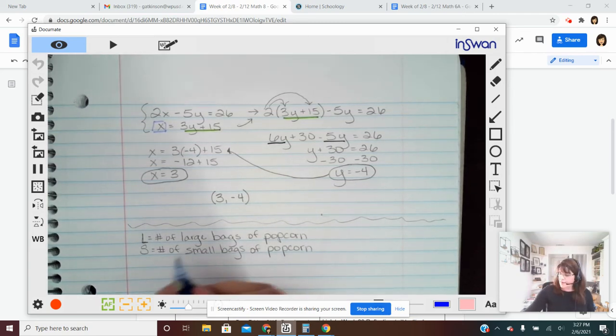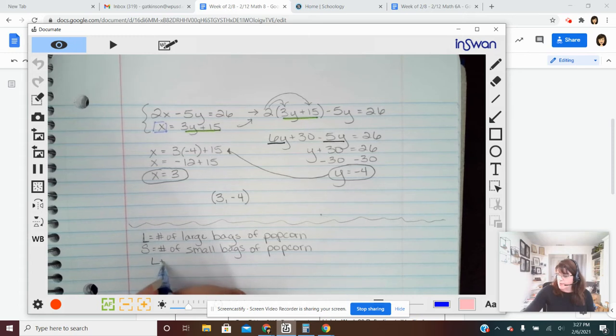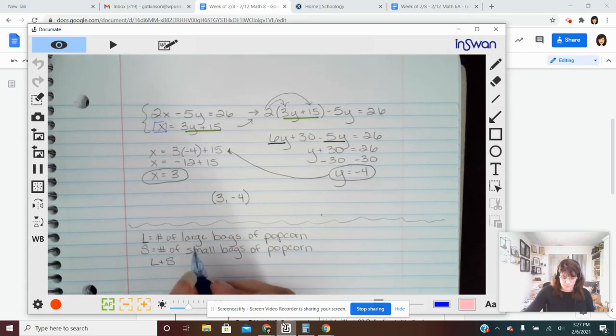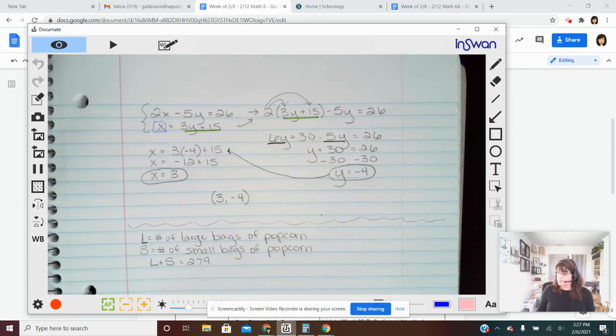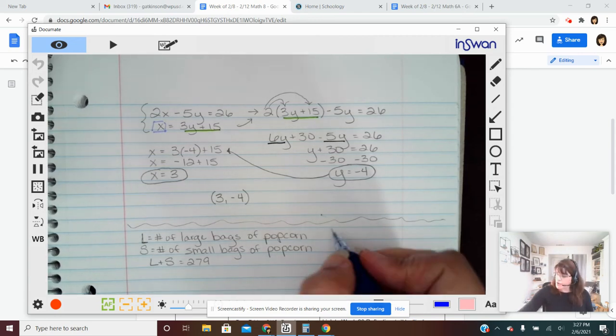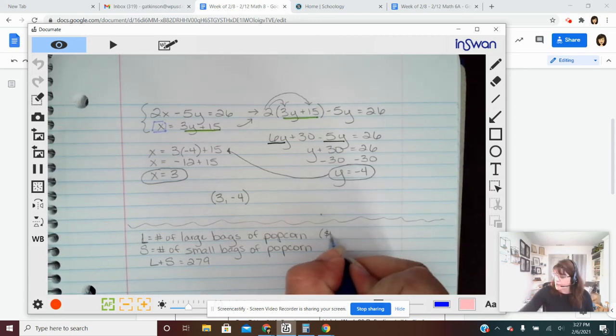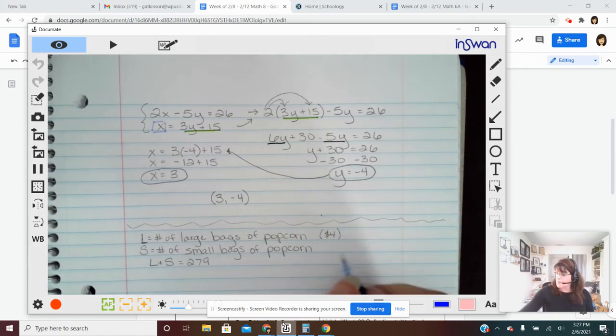And we know that large plus small was 279. I'm sorry, 279 bags. Okay. Now, the large bags cost $4. The small bags cost $1.